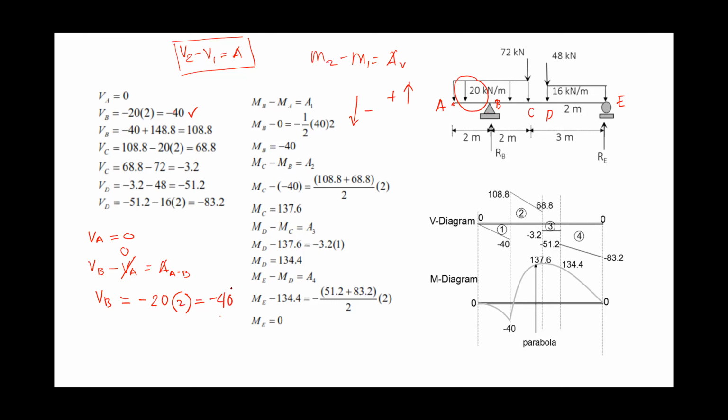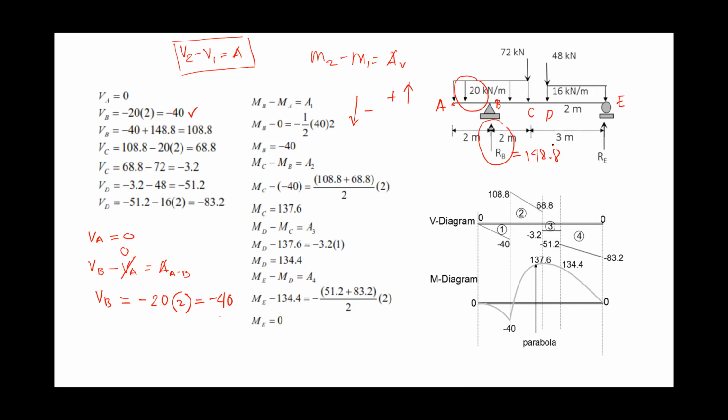And then, at point B, hindi tayo pwedeng mag-BC agad. Bakit? Kasi meron tayong reaction sa B. Yung reaction sa B, meron din siyang effect sa shear. Kasi vertical force to, di ba? Di ba ang shear is a vertical force. So, at this point, i-add natin yung reaction sa B, which is 148.8.